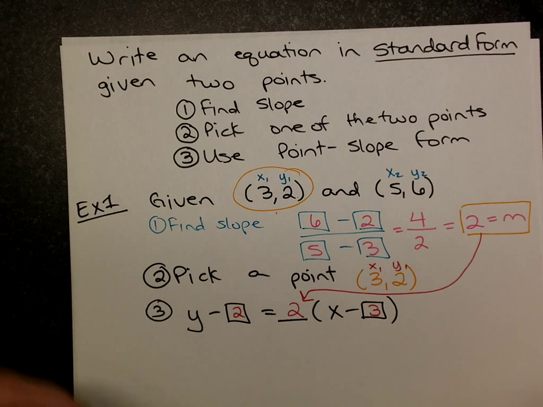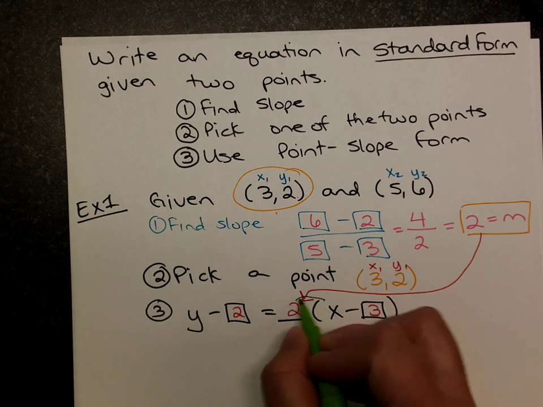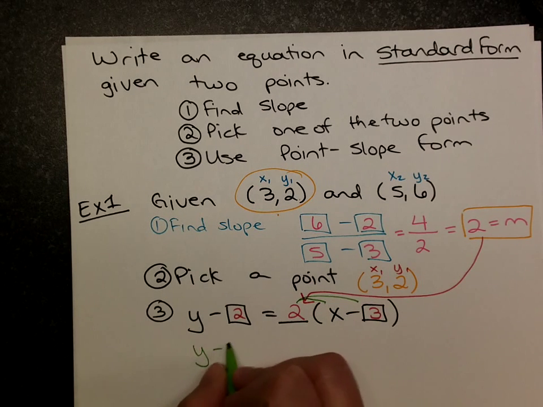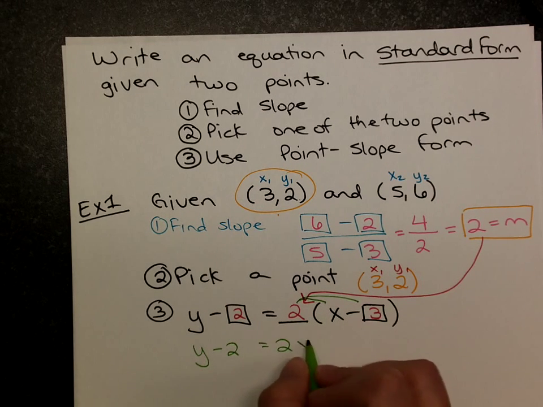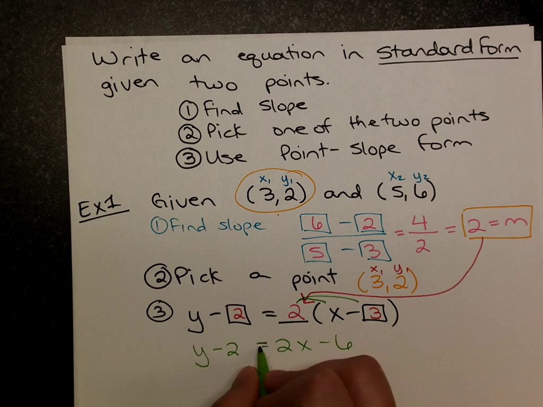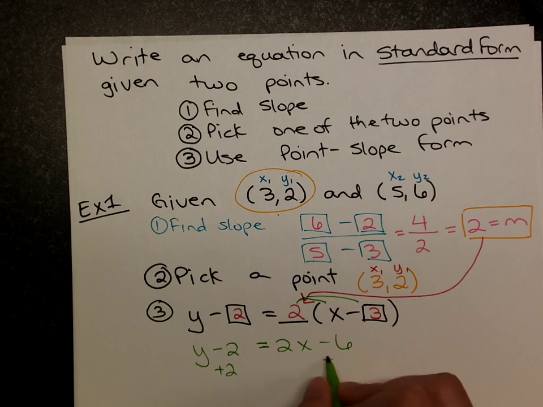And then I solved this just like I did previously. So I'm going to distribute: y minus 2 equals 2x minus 6. Nice and simple, just add 2, y equals 2x. Negative 6 plus 2 is negative 4.